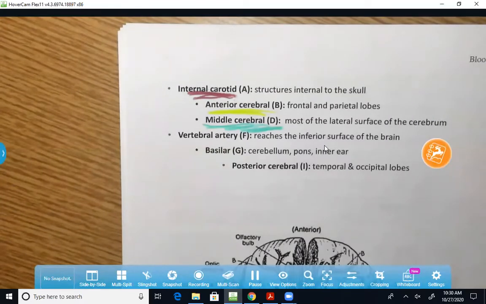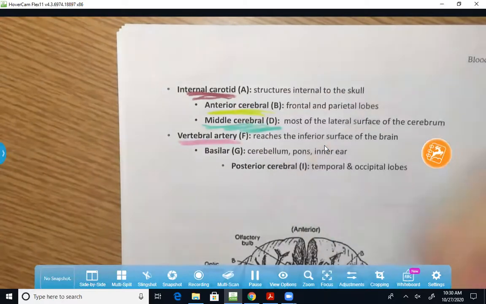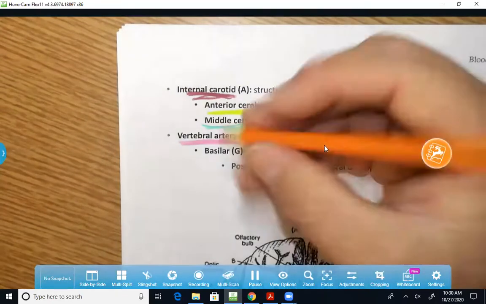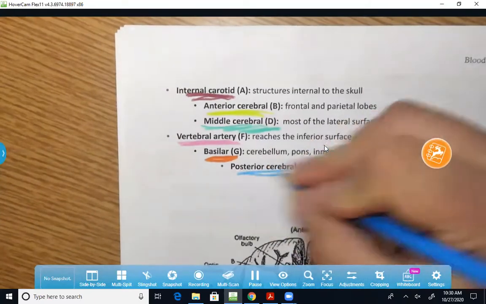The other set of vessels that feed more of the backside and inferior part of our brain is our vertebral arteries. Color those pink, and those feed, orange, a basilar artery, and that feeds our posterior cerebral arteries.